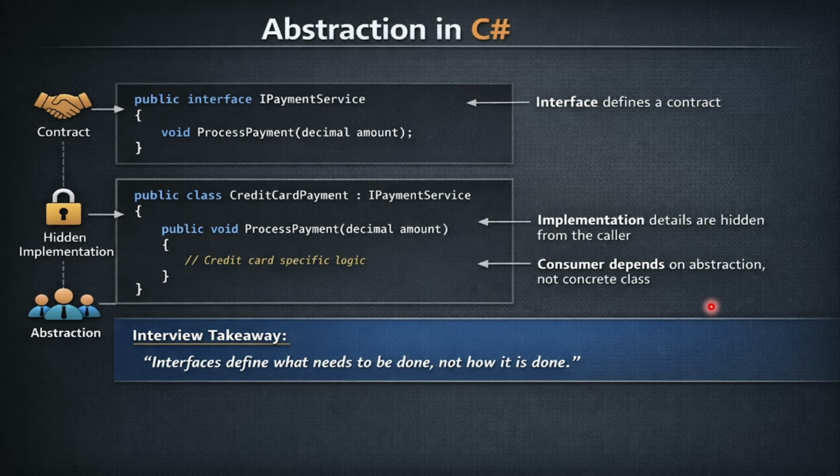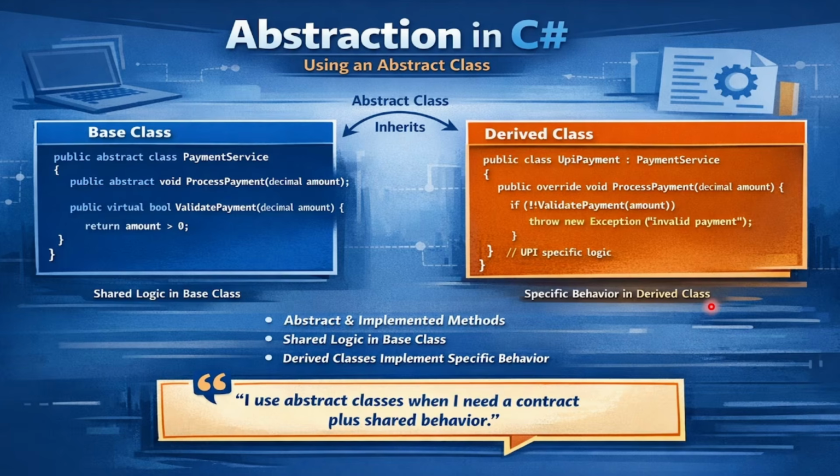That has to be defined by any other class. The other way is using an abstract class, where in the abstract class we only define the method and properties, but we will not give the implementation detail. That is going to be done by the class which inherits it.